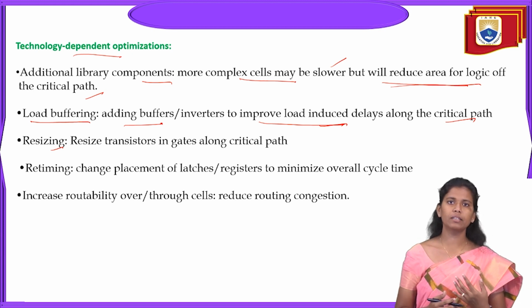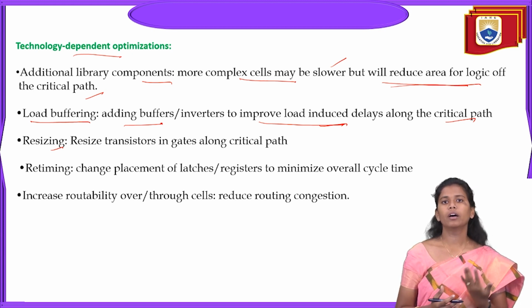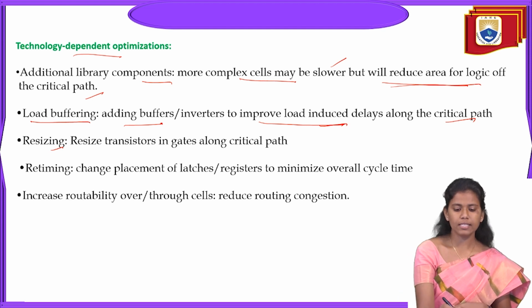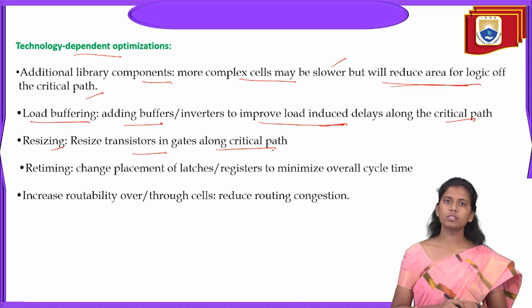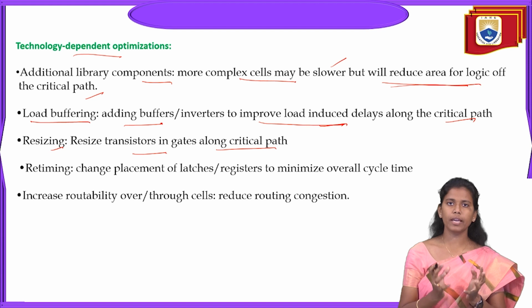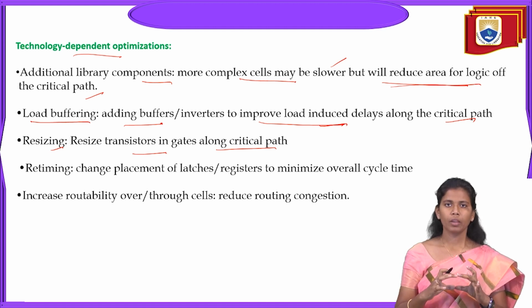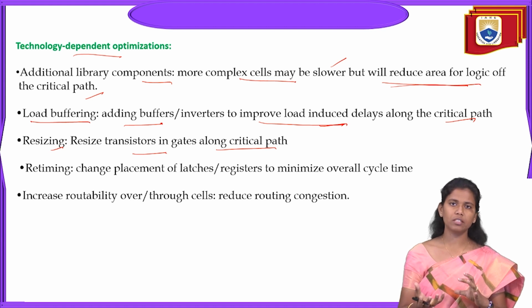So what we have done till now is add some inverters or buffers. After that we move forward to resizing. Resizing is resizing transistors in gates along the critical path. That means we have to consider the minimum number of transistors required to develop a module.